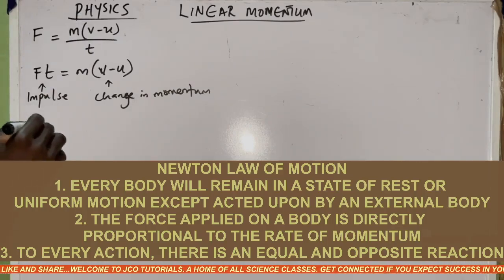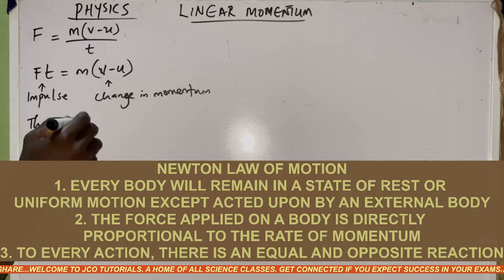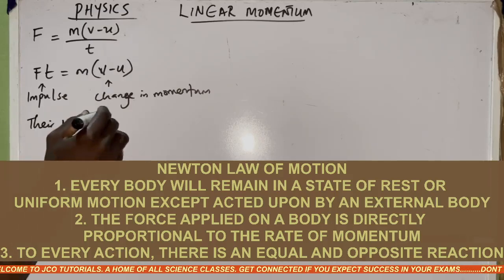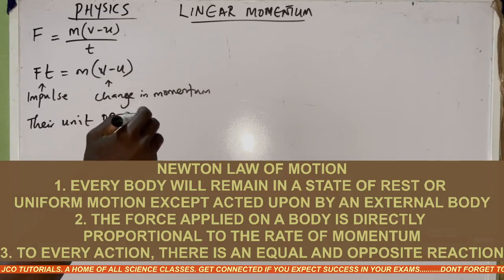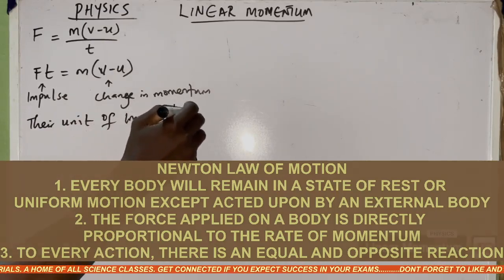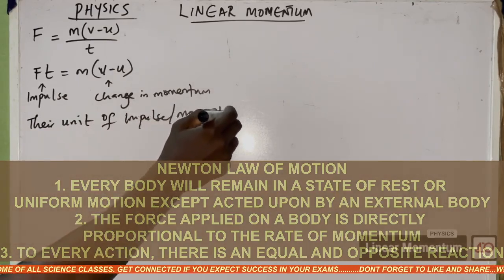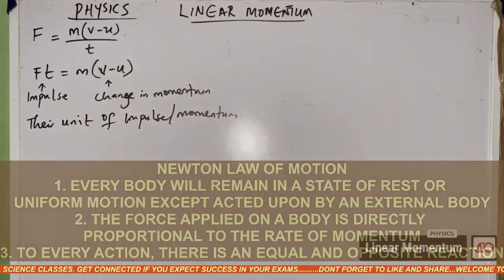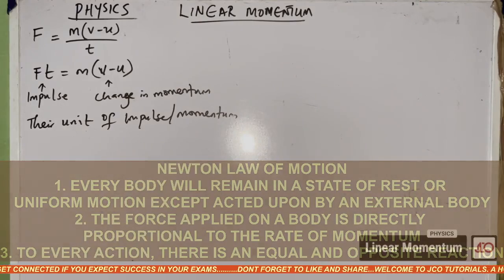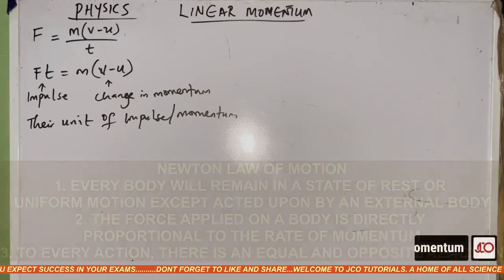Take note, there are units of either impulse or momentum. As we progress, you need to also go back to recall your fundamental and derived quantities in physics, because the formulas are right there.